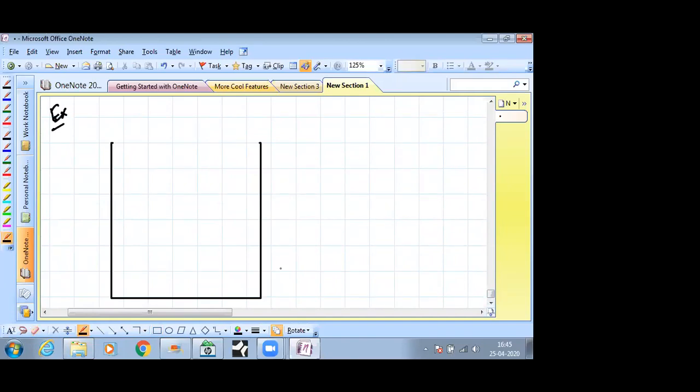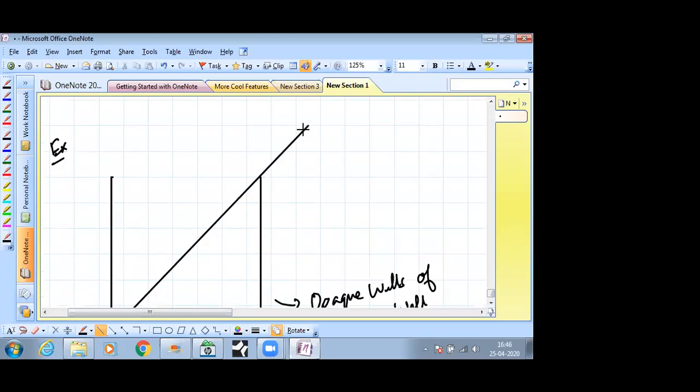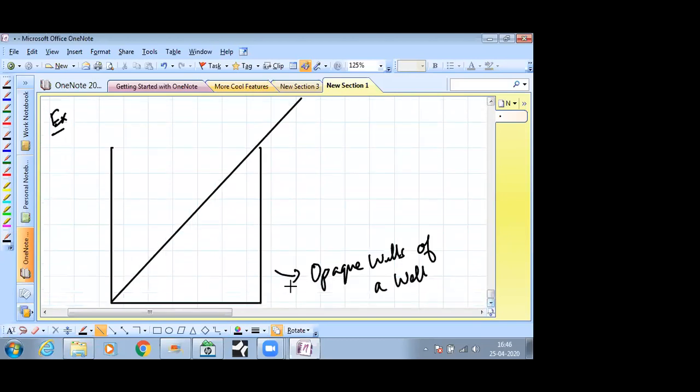So these are opaque walls of, you can see, a well kind of thing, such that now there's an observer somewhere over here and his line of sight is like this. Just hang on till I complete the diagram and I explain what it is.